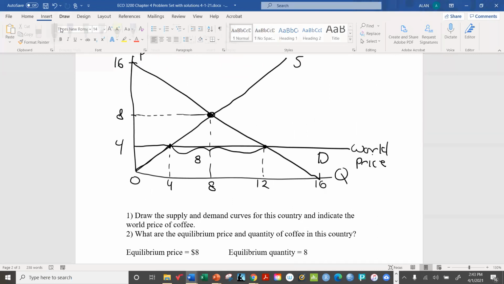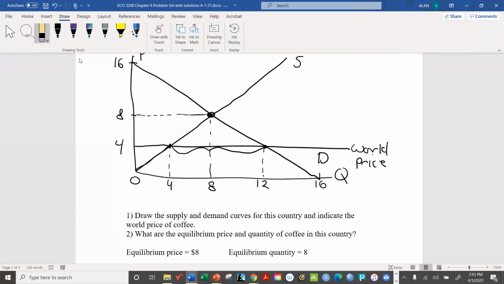But instead, because this is a foreign country charging $4 for the coffee, we say here that we import the rest. That would represent 8 million pounds being imported, because the quantity supplied is only 4 when the quantity demanded is 12. The rest has to come from abroad.